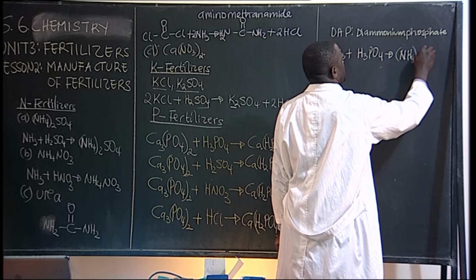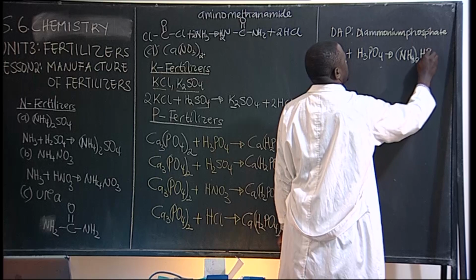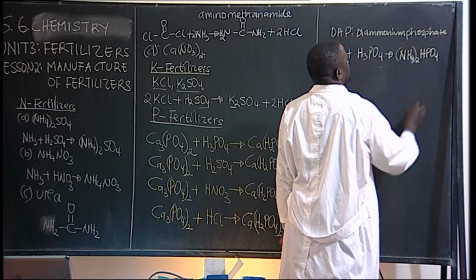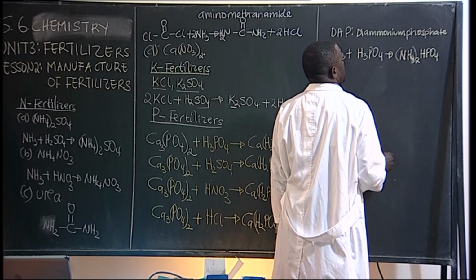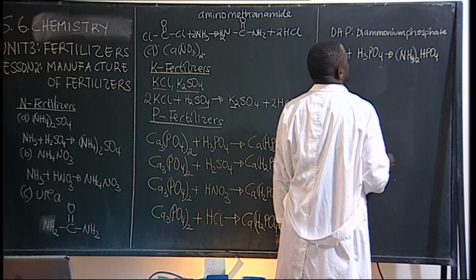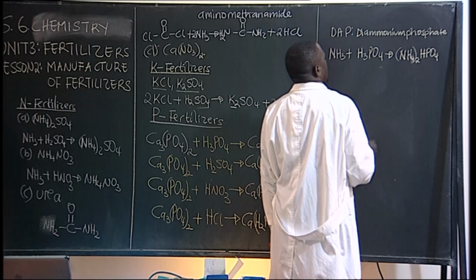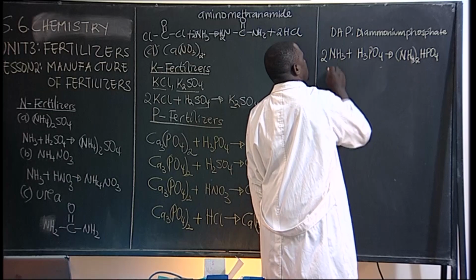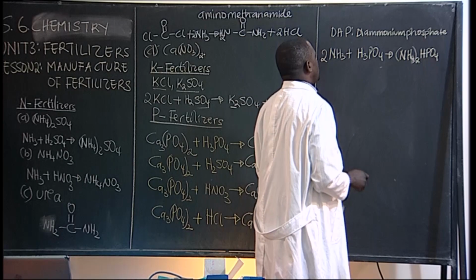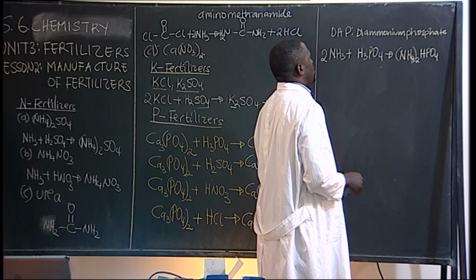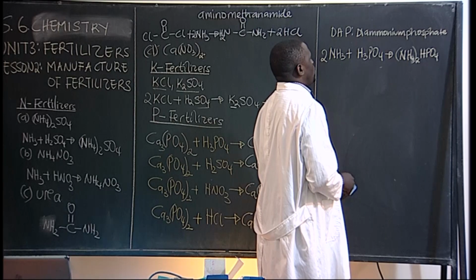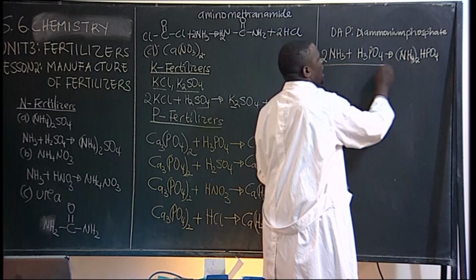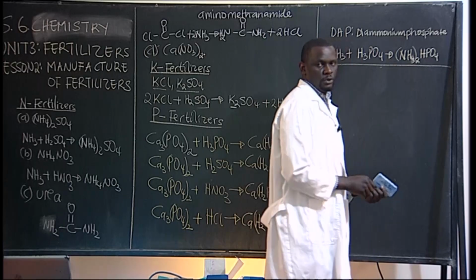Instead of 3, it's supposed to have 2. So we are going to do it like this: 2 minus, ammonium phosphate. So we can put 2 here, 2 there. So let's look at our slides and see how these things move on very well.